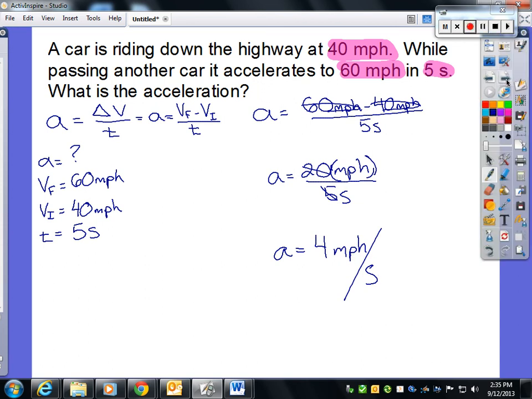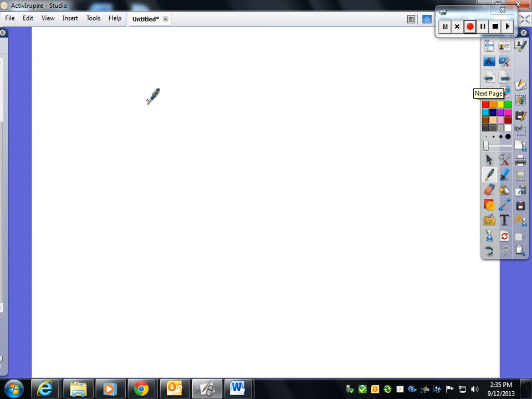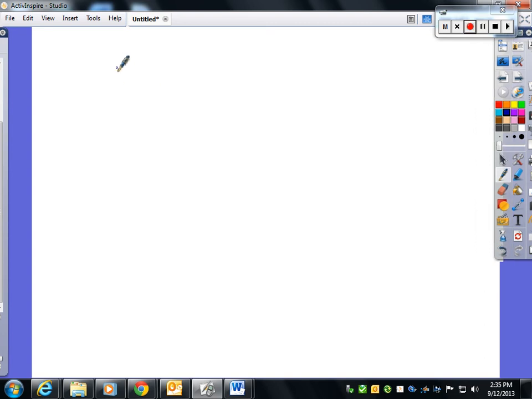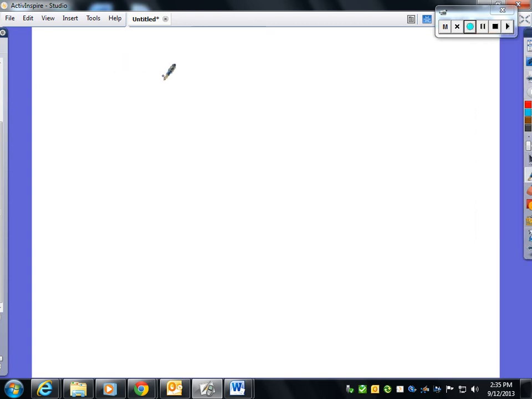I want to just show you quickly here though, when we do the math out in another example, how it's actually meters per second squared. So let's say, I'm going to just give you the variables and we'll just do the solution together without a word problem. Okay, so A is going to be our question mark.